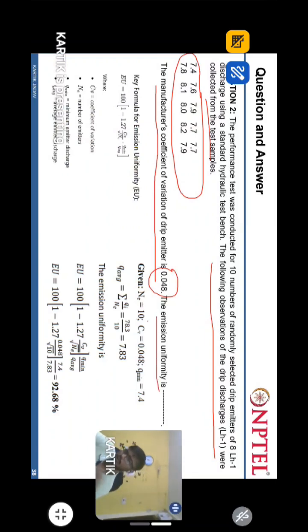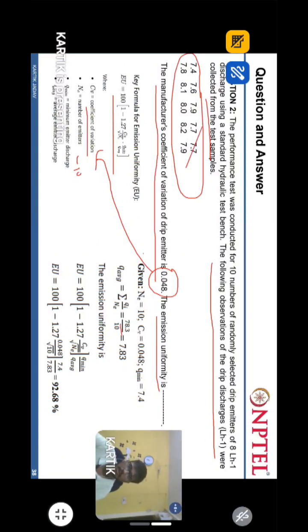So we have shown the formula of emission uniformity, that is given by this, and here CV is the coefficient of variation that is given as 0.048. Number of emitters given, right? 10. Q minimum we will compute from this, and average emitter discharge we will also calculate from this. So Q average is equal to the sum of all this divided by 10.